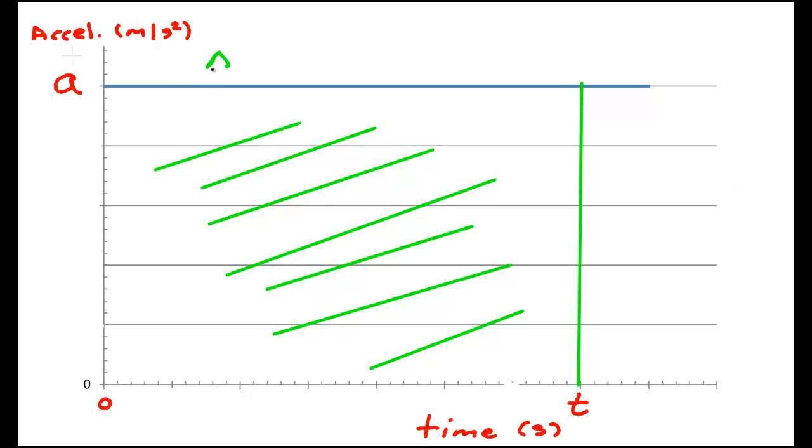So the change in velocity, which is equal to the area under the curve, but this is a rectangle. The rectangle has a base whose length is t and whose height goes up to a. So the change in velocity for this particular shape is at.